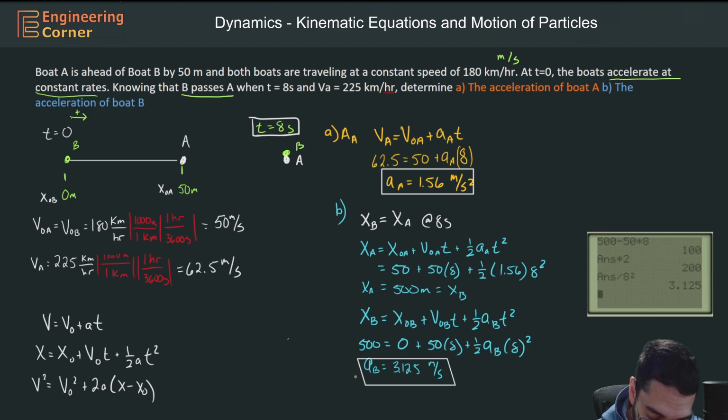Does this make sense? It does. The acceleration of B is faster than the acceleration of A. It makes sense with the problem because my boat B is going to overtake boat A, so it should have a faster acceleration. And this is how you do problems involving multiple particles.